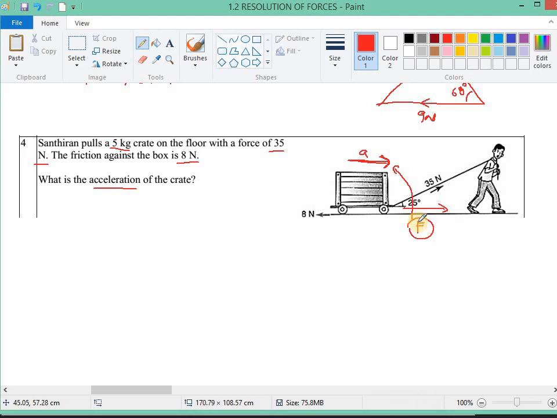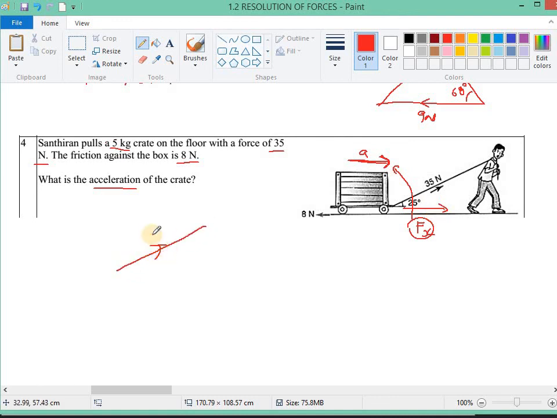This force comes from the 35 Newton and is horizontal, so it is the horizontal component of the 35 Newton. This is horizontal, adjacent to the 25 degree, so we can use cos. Actually this is the same thing, based on the parallelogram.